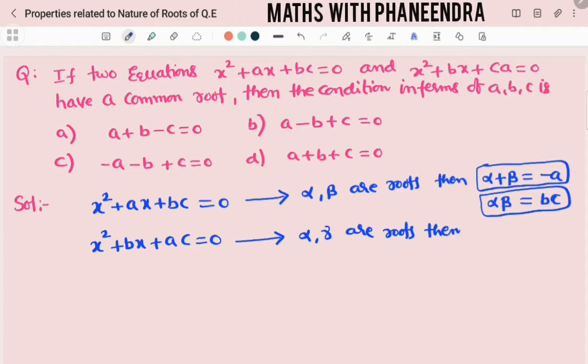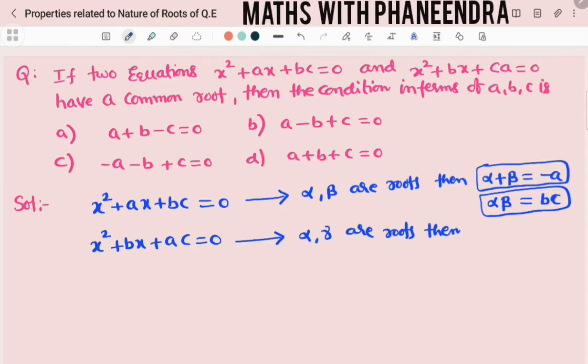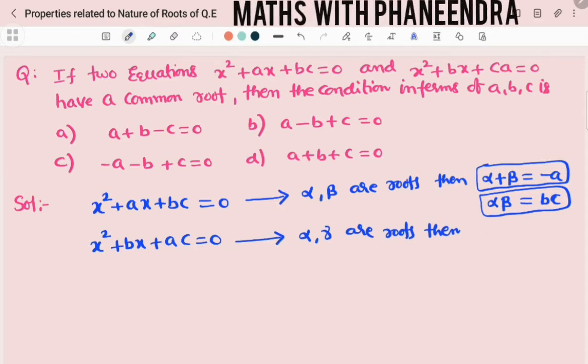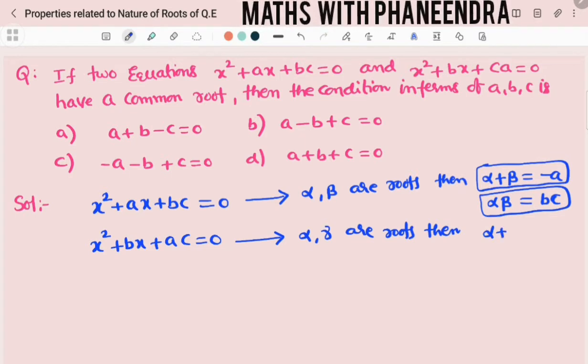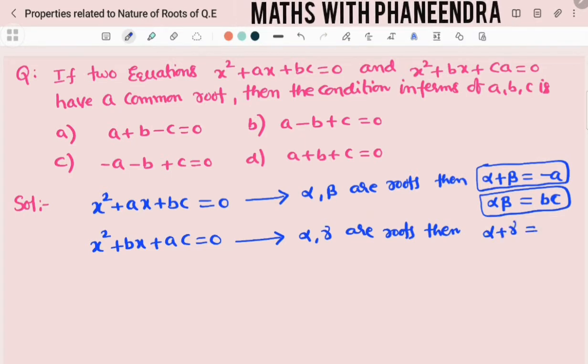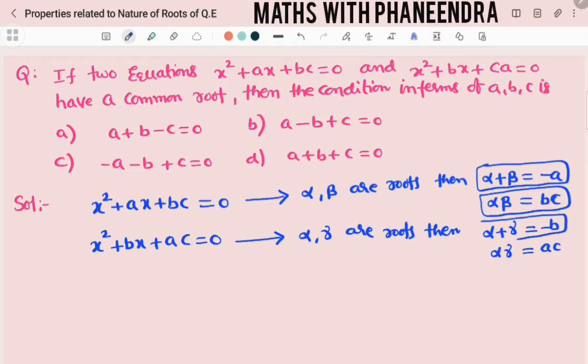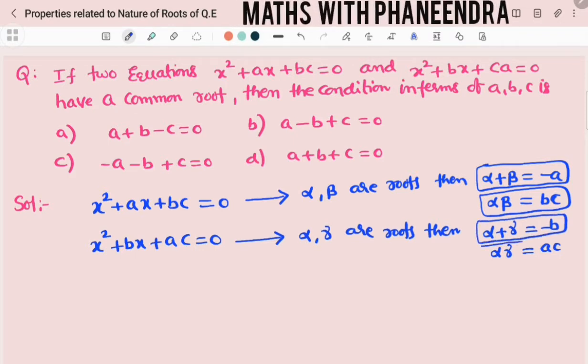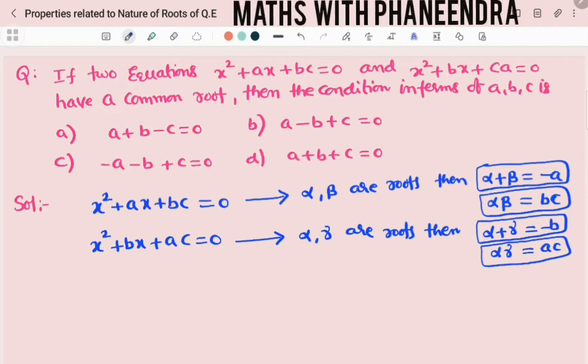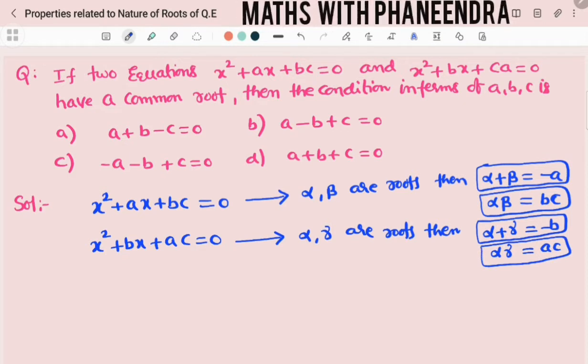So here also we write the sum of the roots and product of the roots. Alpha plus gamma is equal to minus b according to this equation, and alpha gamma is equal to AC.